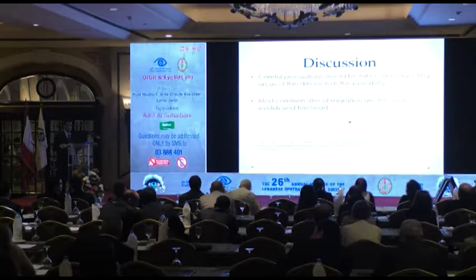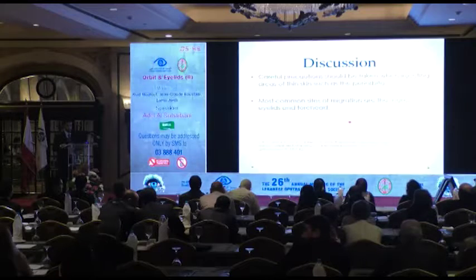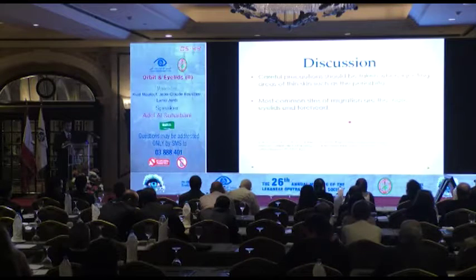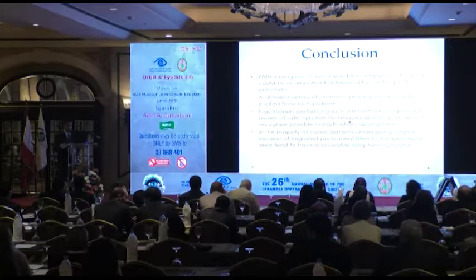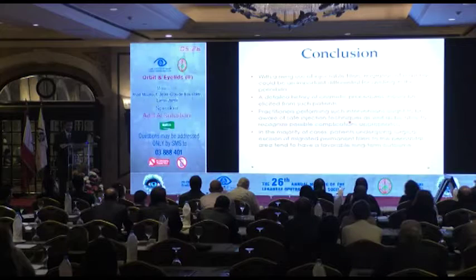Careful precaution should be taken when injecting areas of thin skin, especially around the eyelid. And in conclusion, with the rising use of injectable fillers, migration of material could be an important differential diagnosis in the periorbital area. A detailed history of cosmetic procedures should be elicited from such patients, because many of them will not volunteer unless you go and ask in detail.